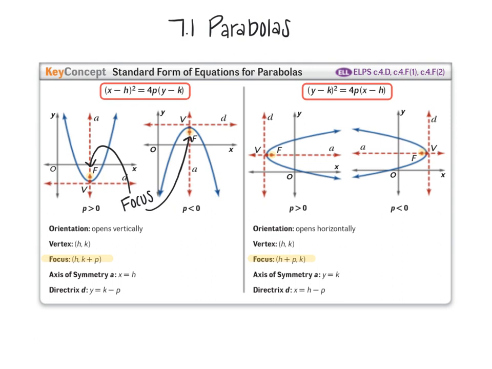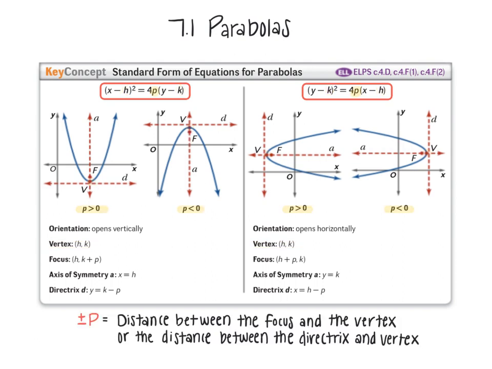And then a characteristic that is unique to parabolas is that they also have a directrix, which is located behind the parabola. And then, of course, instead of having a center like circles, ellipses, and hyperbolas, parabolas have a vertex, which is going to be the center of the parabola.